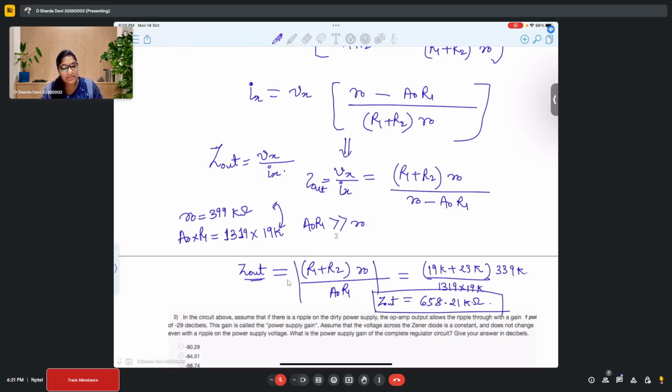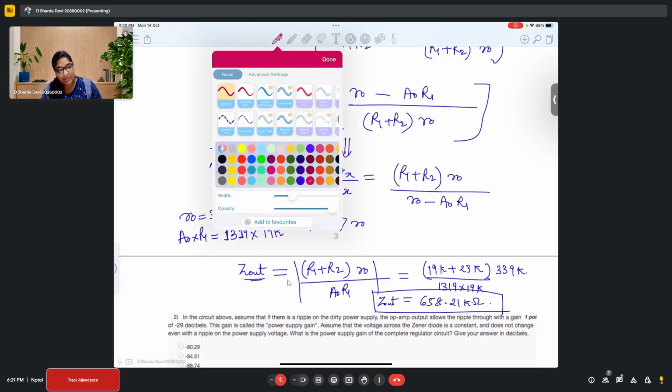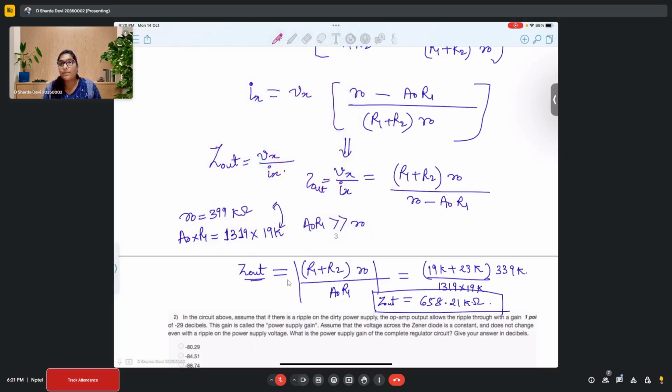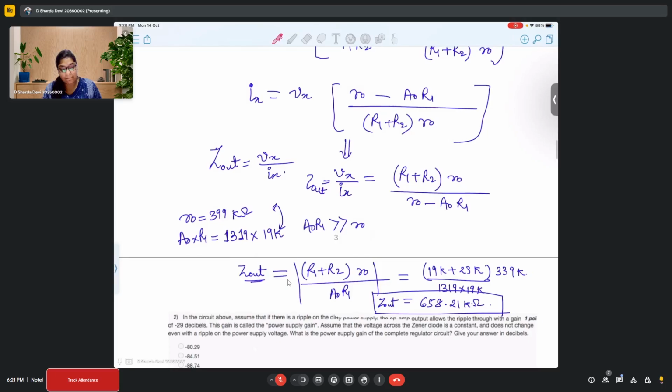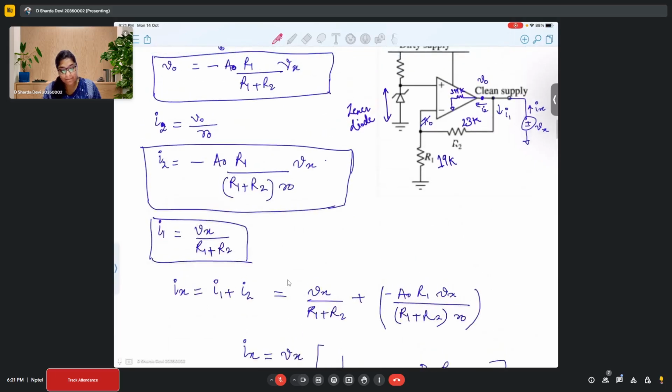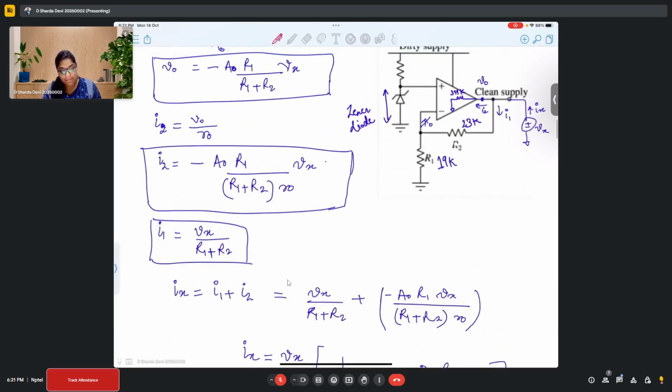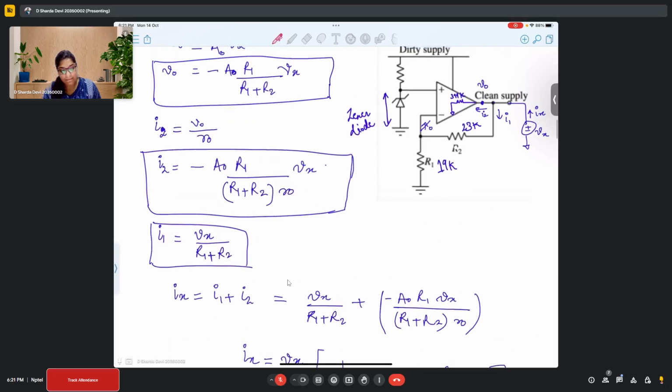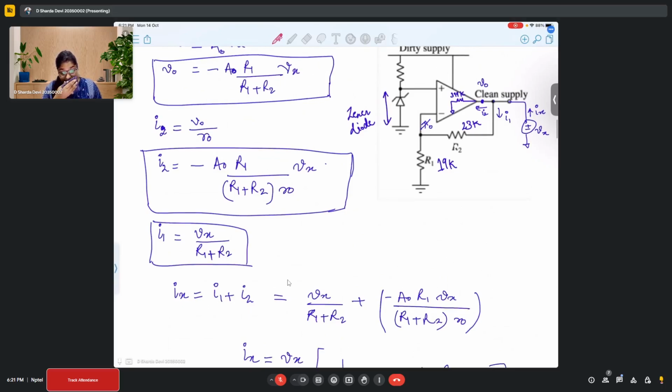Any doubts in this? Yes, I have a doubt. When we have considered the output side of the op amp, usually a voltage dependent voltage source is also there, right? Why haven't we considered it? That R 399K is the R out, but there should be.